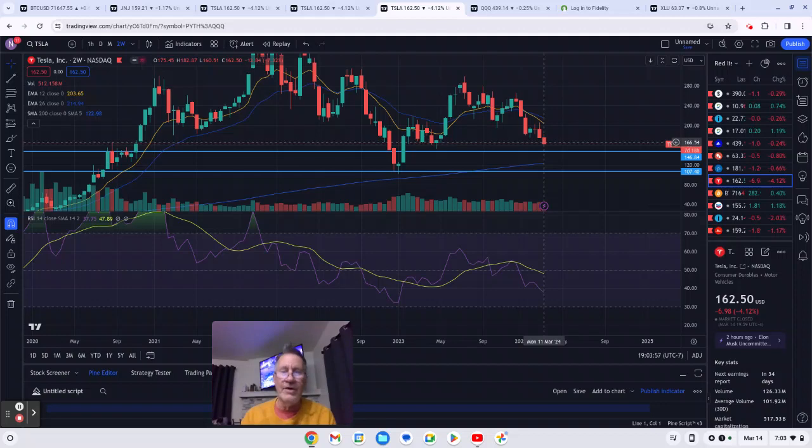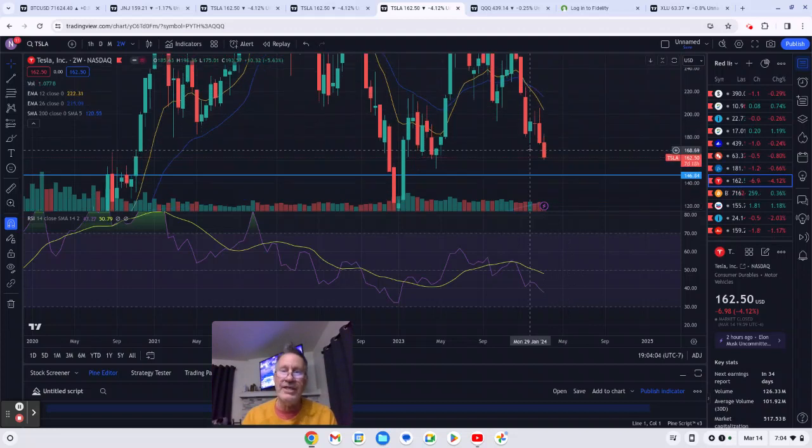So we're only almost a week into this candle. We still have all of next week for this 2-week candle to finish. And it's already a very long body candle to the downside.